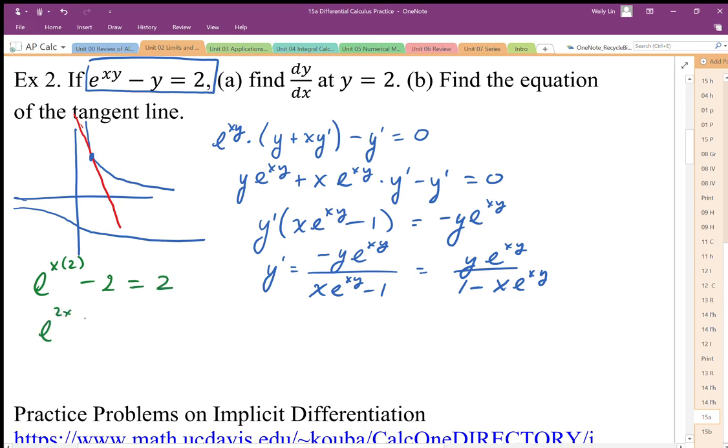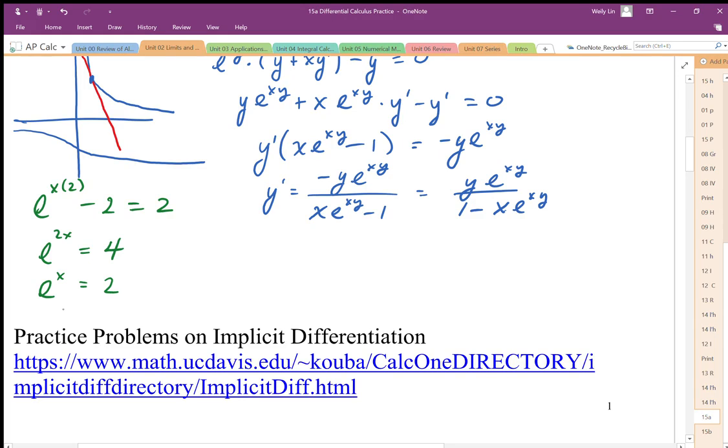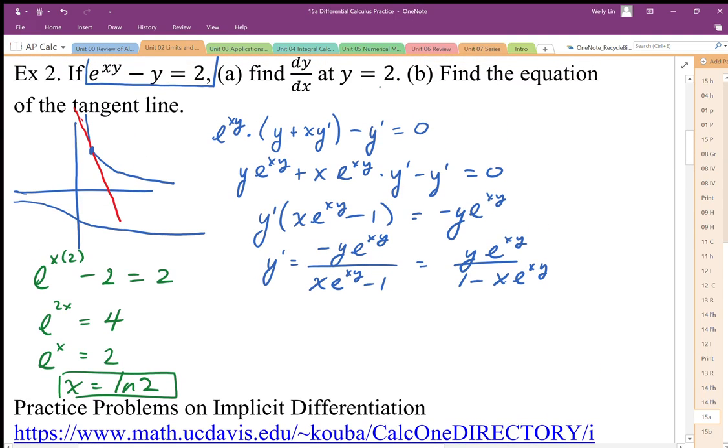So e to the 2x is equal to 4. I can square root both sides here, so I end up with e to the x is equal to 2. x is equal to log 2. So there's my x coordinate, and there's my y coordinate. To calculate the slope, I plug those back into the equation, so x equals log 2, y equals 2.